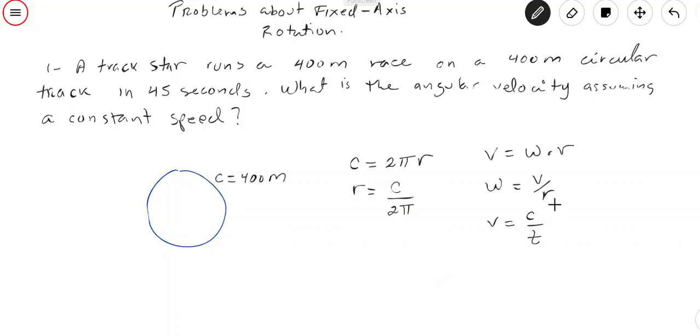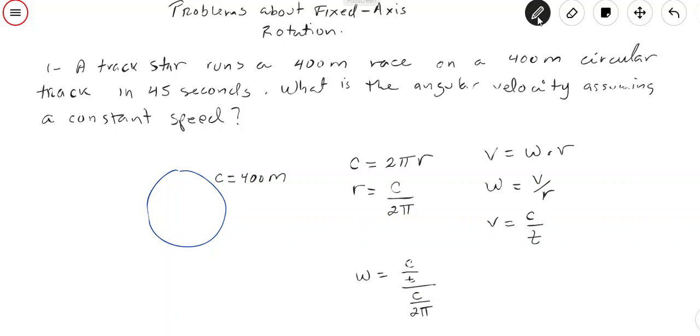So if now I substitute in the formula of angular velocity the expression of the linear velocity v and the radius, we get that the angular velocity is, as we said, the linear velocity, so it's c over t, divided by the radius, which is c over 2 pi.